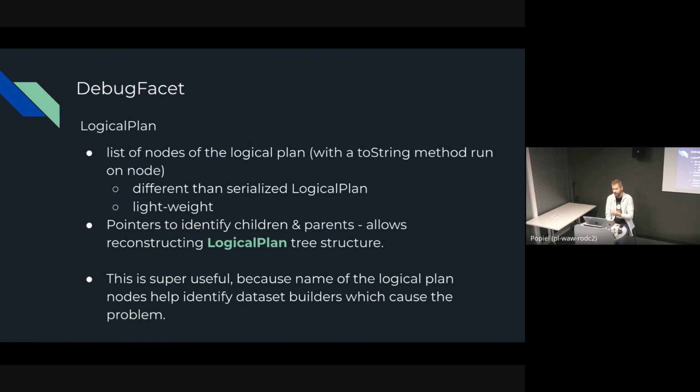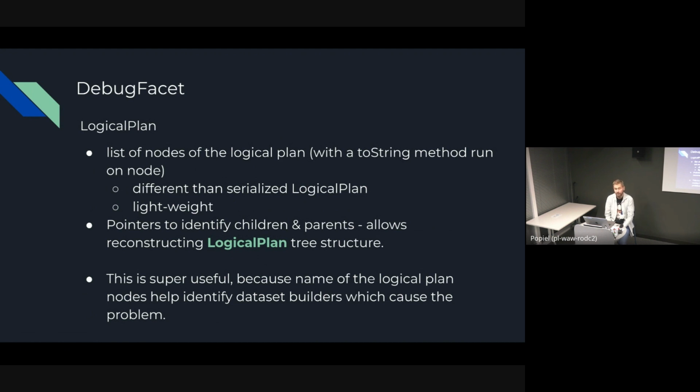so that we'll know what's executed there. We just include the list of nodes of the logical plan with a toString method of a node. The logical plan is the optimized plan of the Spark job being executed, and we extract lineage based on the logical plan.